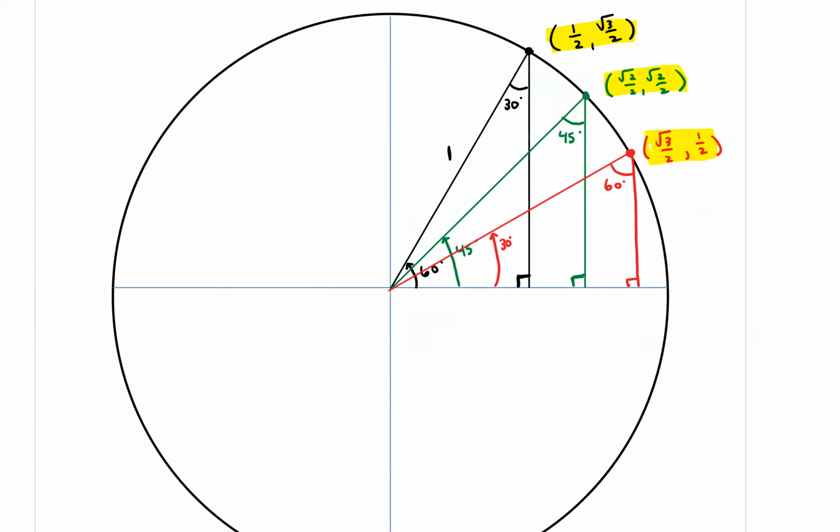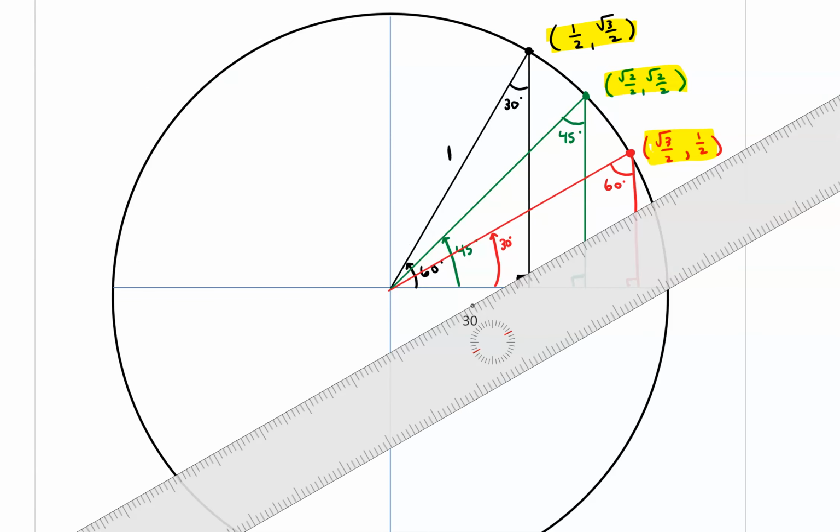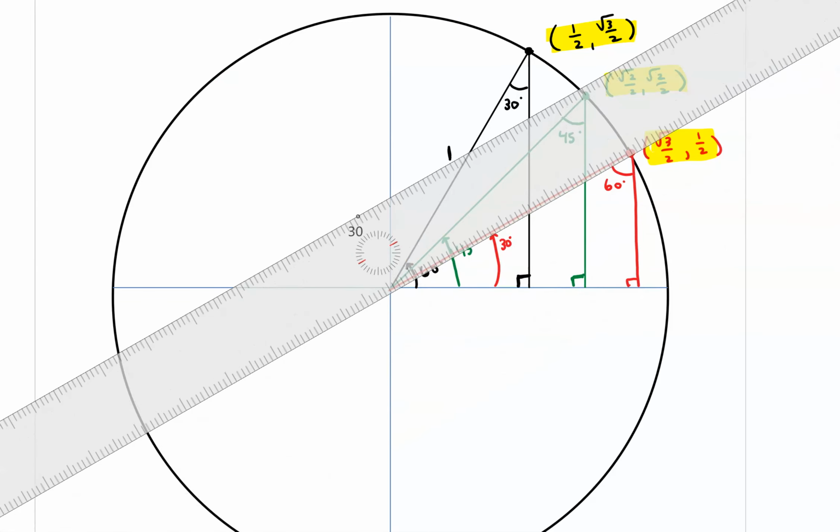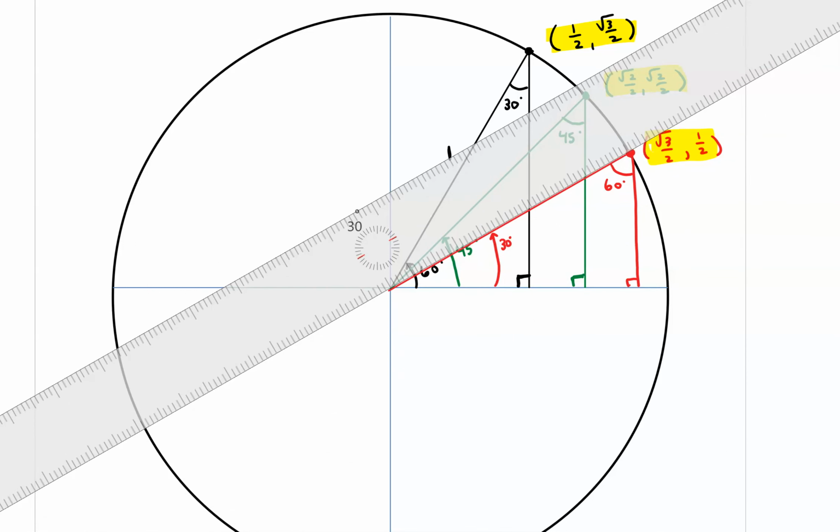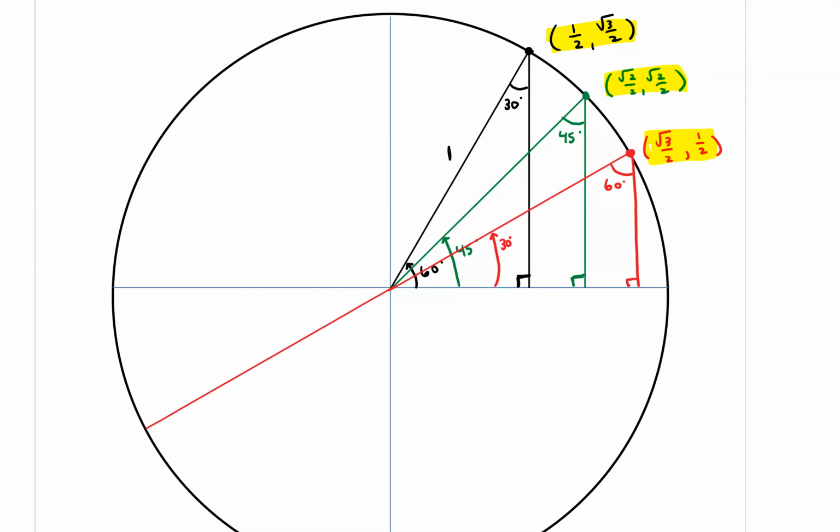So I just wanted to return to this unit circle that we had graphed here, and show you, if we look at this red triangle here, and if I extend this line down to the opposite direction, notice that this point here is in quadrant 3, because we know that here this is quadrant 1, here this is quadrant 2, this is quadrant 3, and this is quadrant 4.